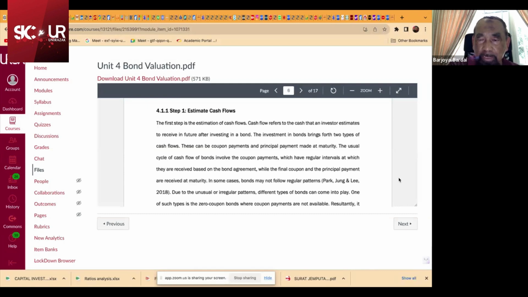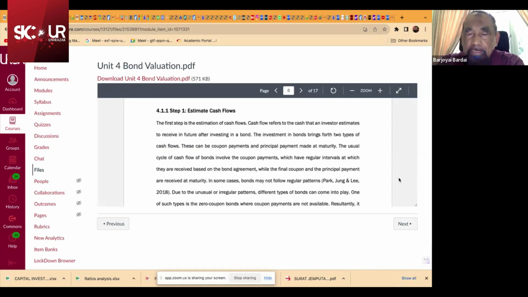The usual cycle of cash flow of a bond involves coupon payments, which are received at regular intervals based on the bond agreement, while the final coupon and the principal payment are received at maturity.